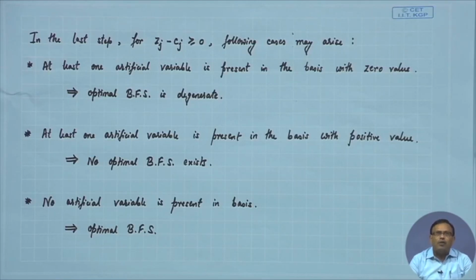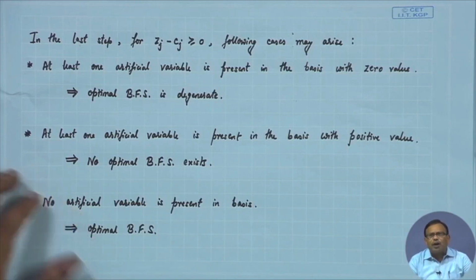As I told you, in the first case, if any artificial variable is present in the basis whose value is 0, then the optimal basic feasible solution will be degenerate, whereas if you have one artificial variable with positive value in the basis, then no feasible solution exists, and if and only if no artificial variable is present in the basis, then only we can obtain the optimal basic feasible solution.